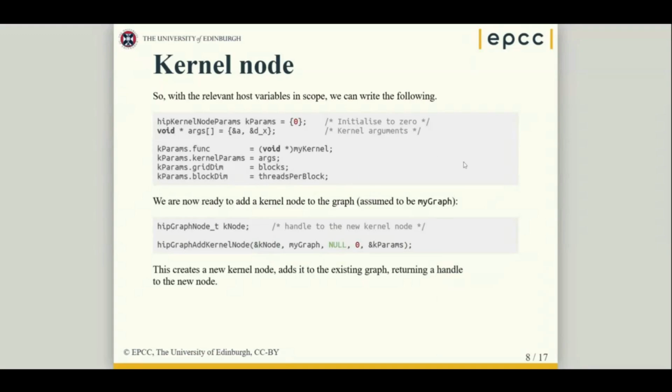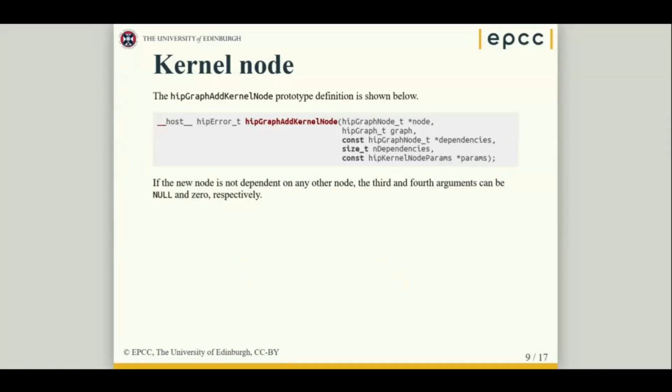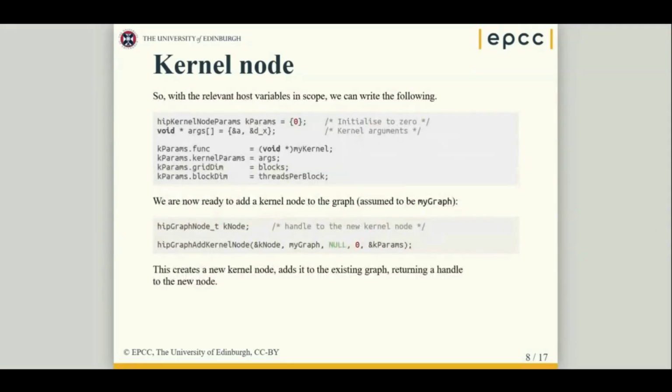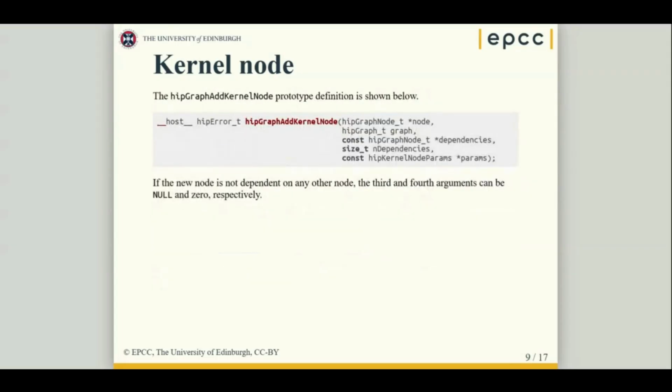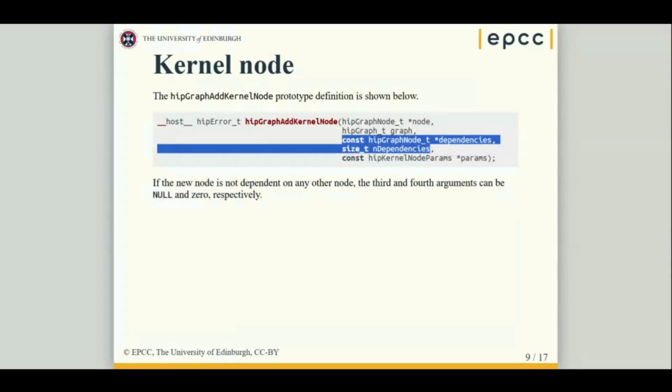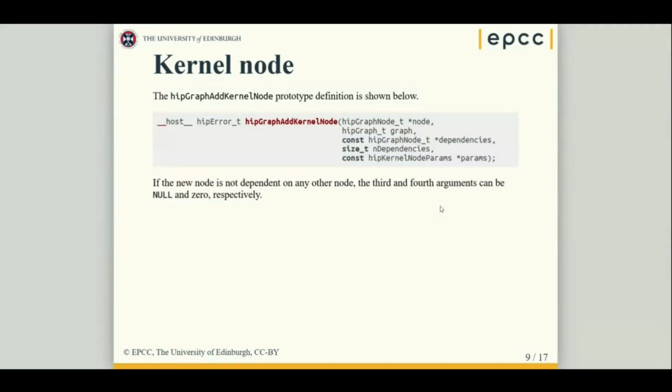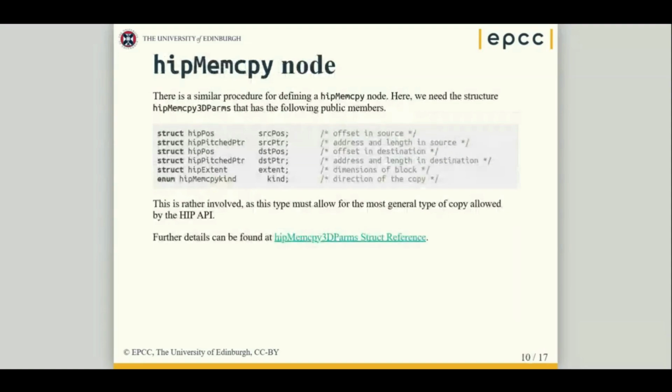So this is the syntax. Sorry, I need to define here the dependencies and the number of dependencies. If there are no dependencies, the third and fourth arguments are null and 0. These two arguments. Okay, so this is for a kernel node.